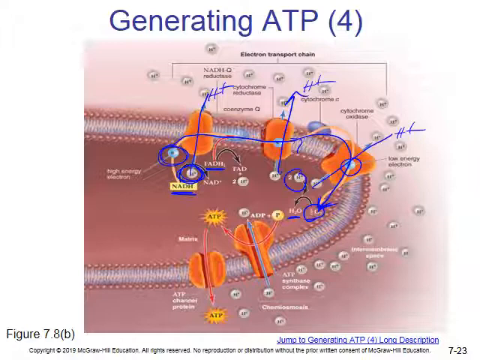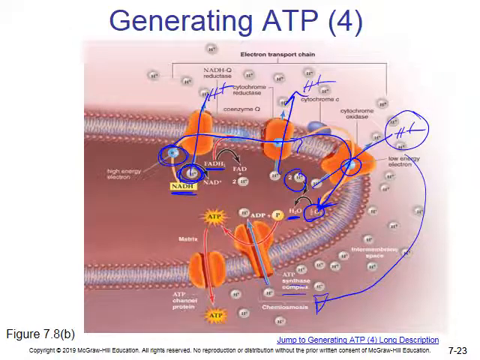So the electrons that we stripped off of the glucose in various steps end up in water. The hydrogens get pumped through. The hydrogens come back to this side, and they're going to go through the ATP synthase complex, and the energy from that hydrogen ion flowing through that enzyme is what allows ADP plus P to become ATP. And then that ATP is shuttled out.